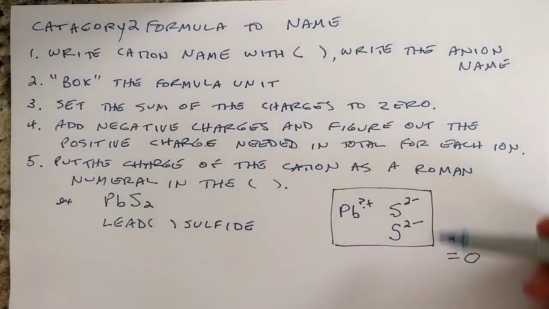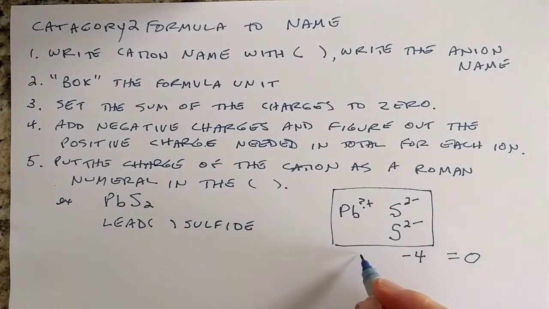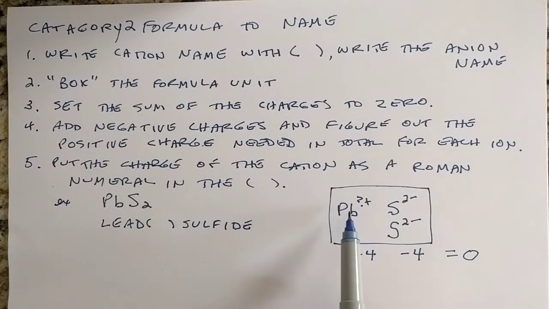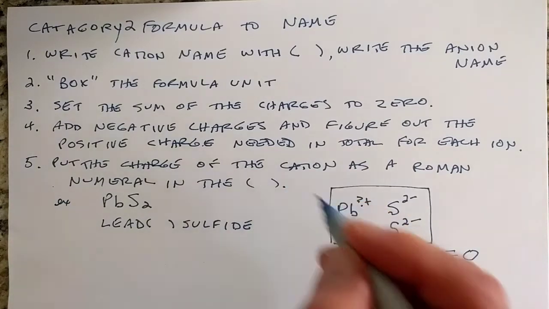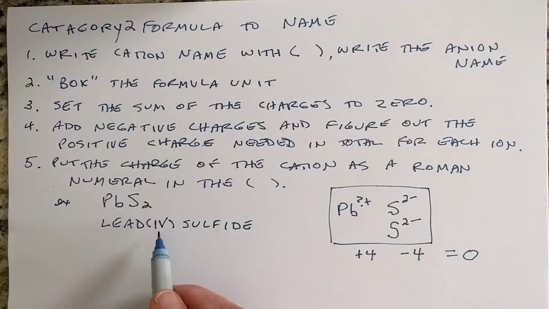Okay, we're going to add the negative charges. -2 and -2 is -4. And now our positive charge has to equal a +4 for this to equal 0. We only have one lead ion, so this lead ion must be a +4. 4 is IV, so now we put that into our parentheses.